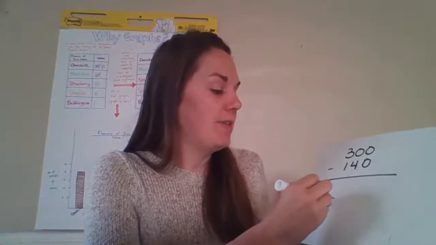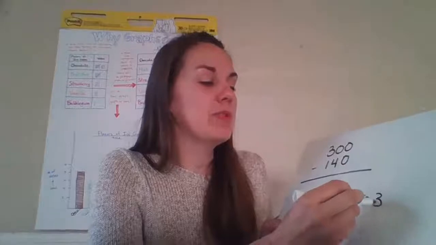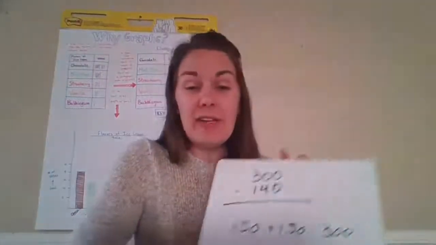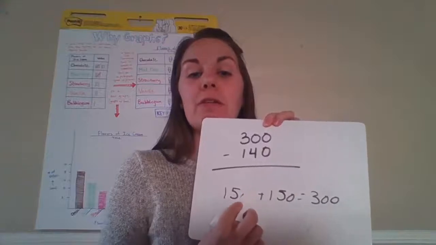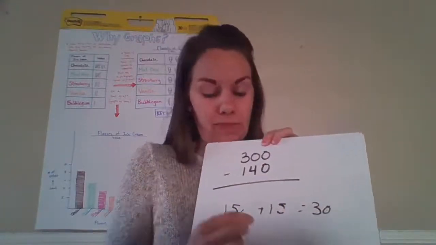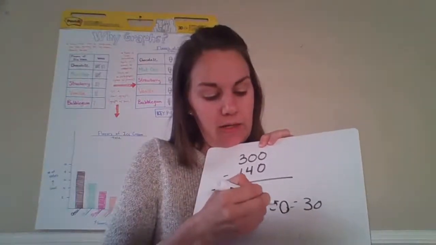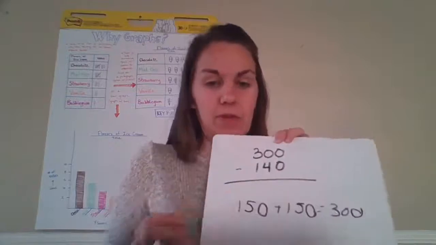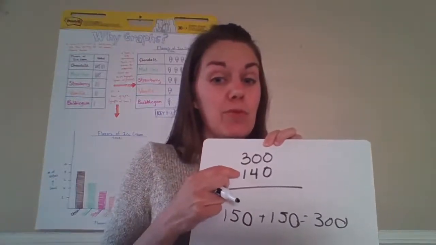I know that 150 plus 150 equals 300. Because if I take away the zeros, I also happen to know that 15 plus 15 equals 30. So it's really the same thing. I'm just adding a 0 in my place value. So 150 is pretty close to 140.